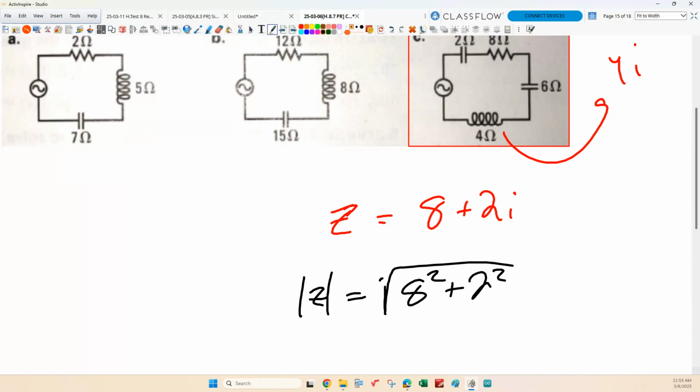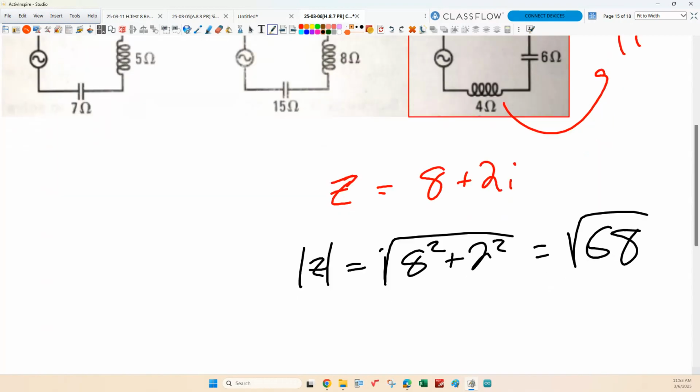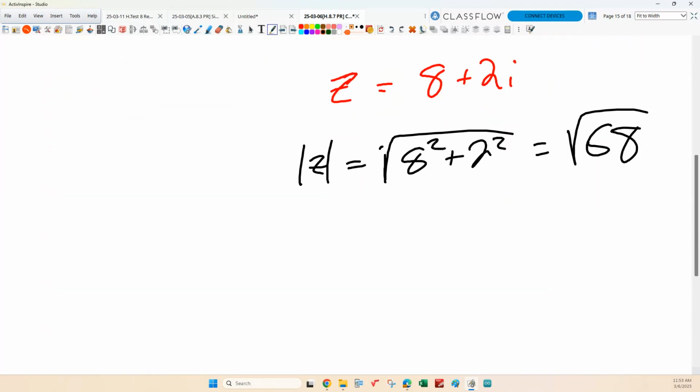The square root of 64 plus 4 is the square root of 68. That means something, right? The square root of 68 is roughly 8.2-ish, a little less. That tells me something. About 8.2 ohms is what the complex impedance is going to be.